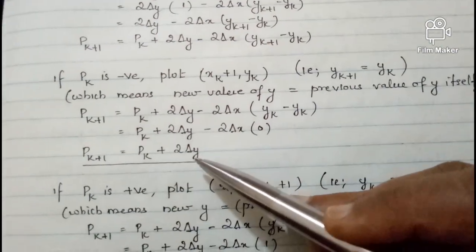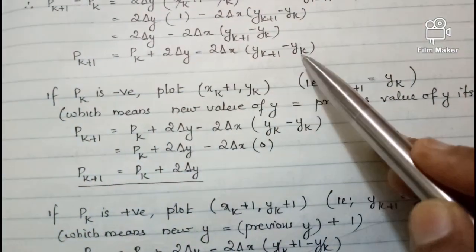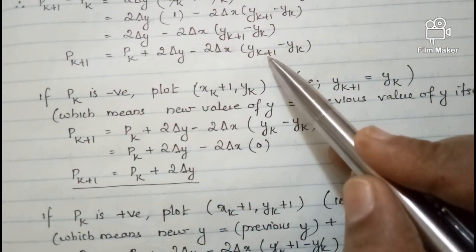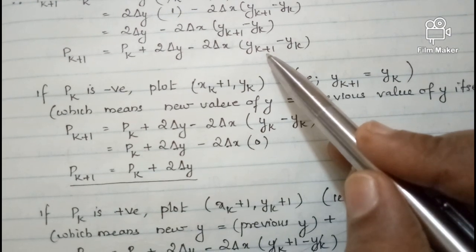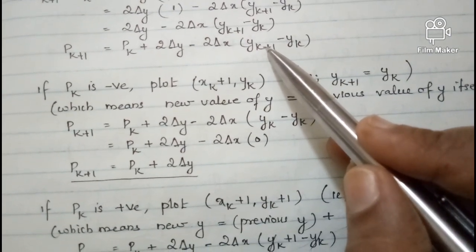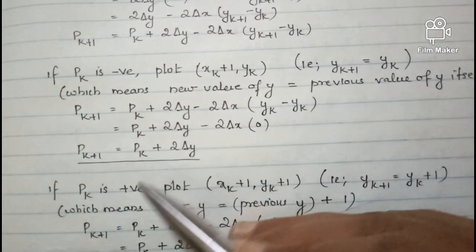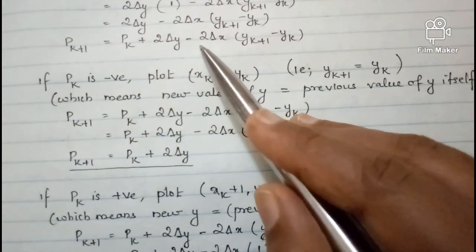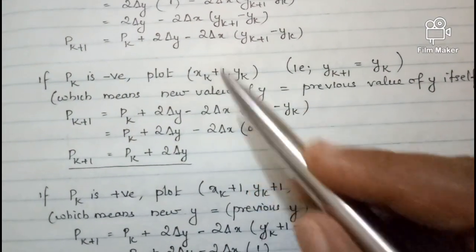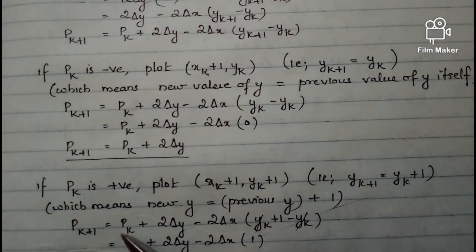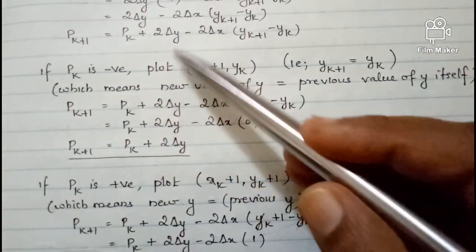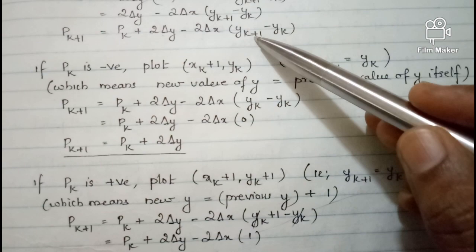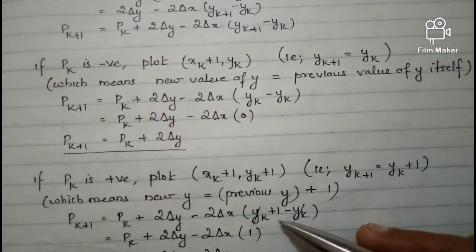So if pk is negative, pk plus 1 is equal to pk plus 2 delta y. Similarly, when pk is positive, the value of next value of y, or yk plus 1, will become current value of y plus 1. Let us solve that also. So now we are going to solve the situation where pk is positive. The equation will become pk plus 1 is equal to pk plus 2 delta y minus 2 delta x into (yk plus 1 minus yk), where yk plus 1, the next value of y, becomes current value of y plus 1.